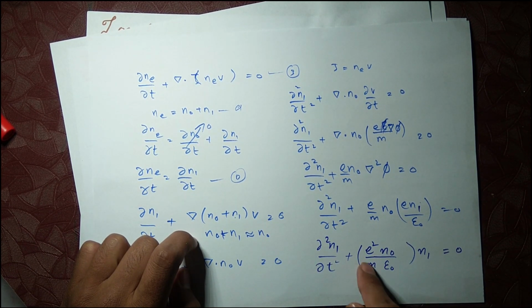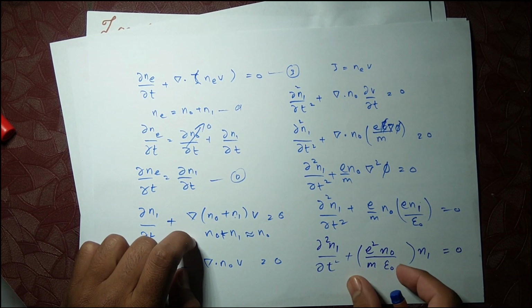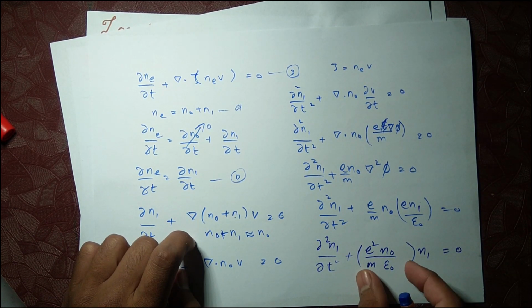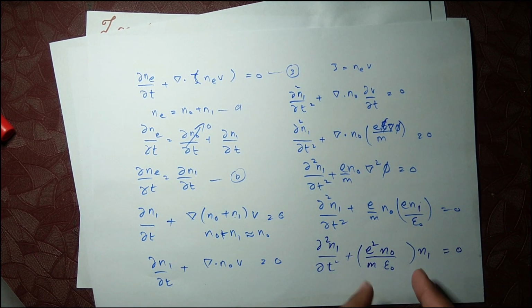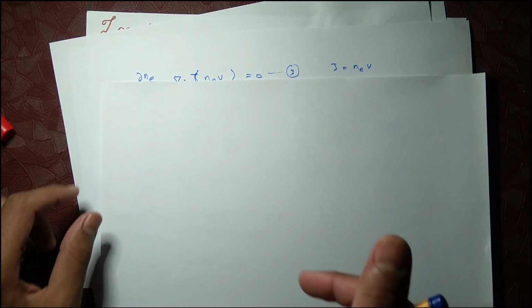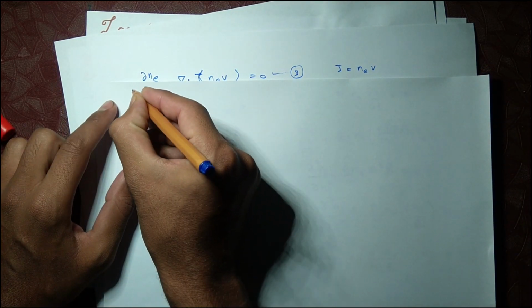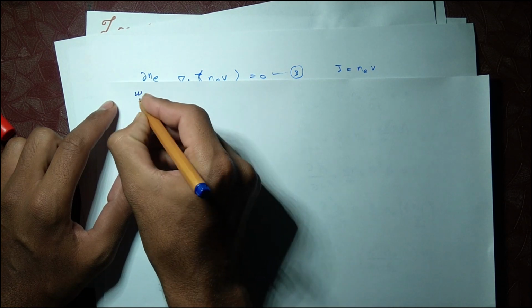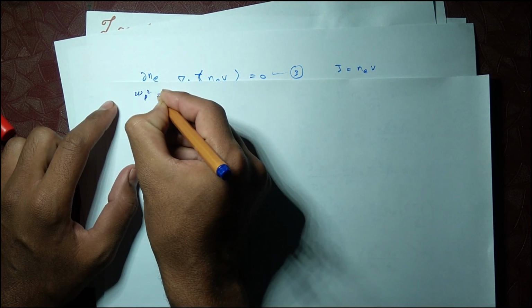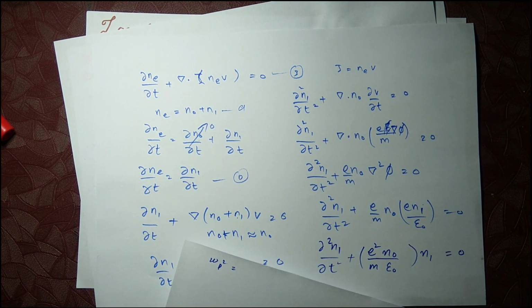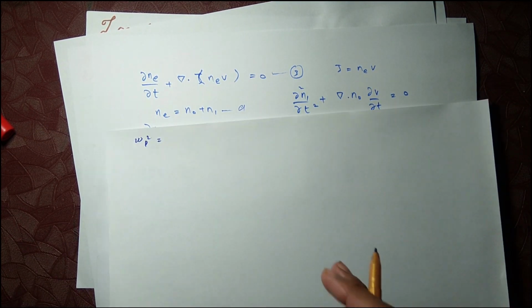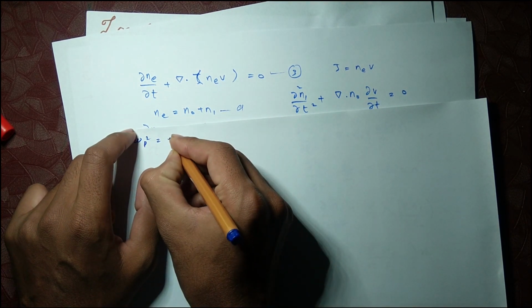Here we have a constant term, just like the de Broglie wavelength has some constant term, and this constant term is known as omega p square. Omega p square is equal to e square n naught over m epsilon naught.